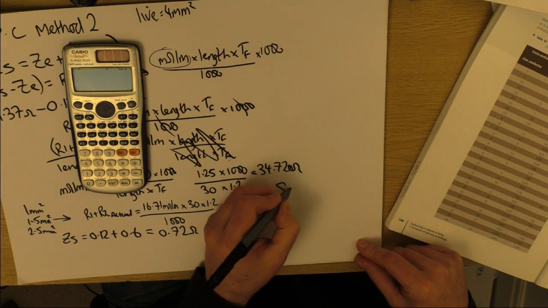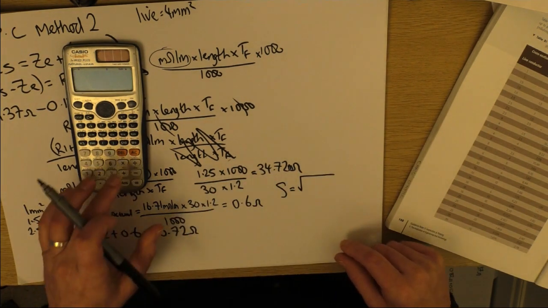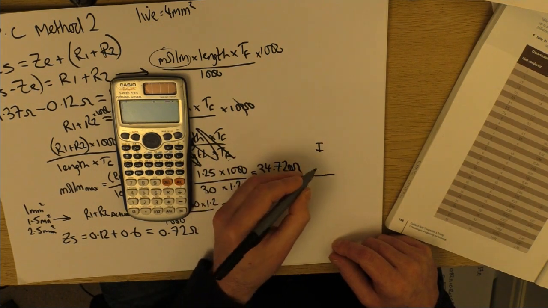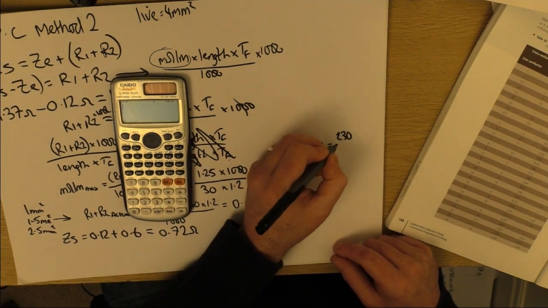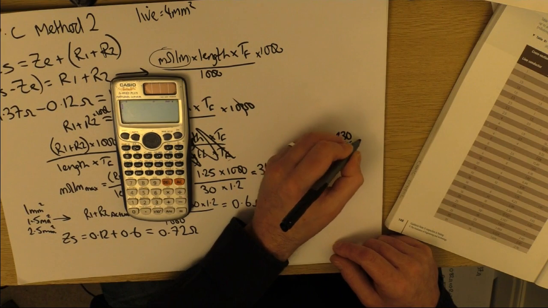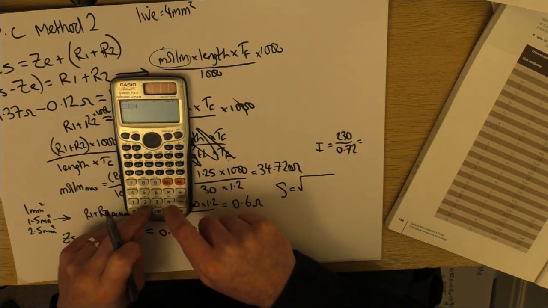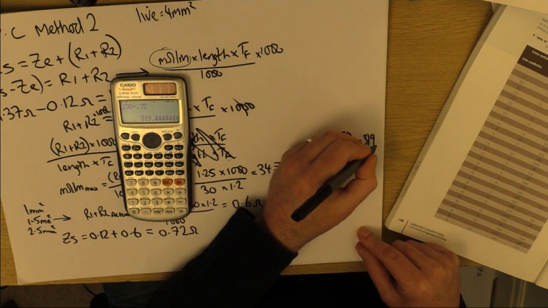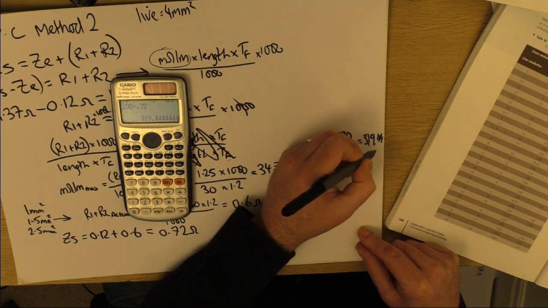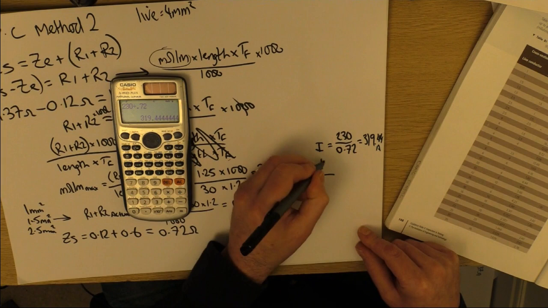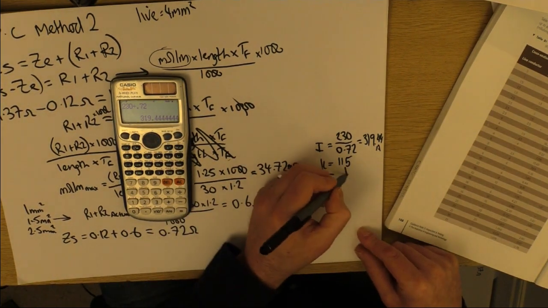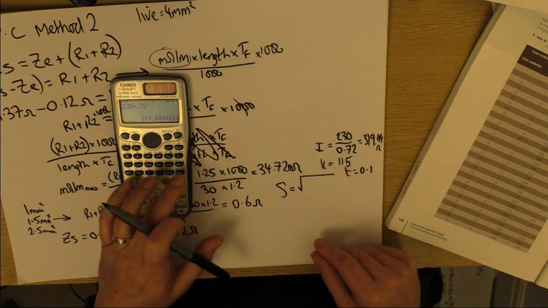So now we use the adiabatic like we did before. So S equals our fault current, I, we need that, 230 over 0.72, which is 319.44 amps. Our K value's still 115 and T still 0.1.